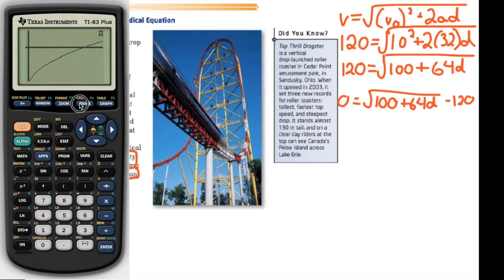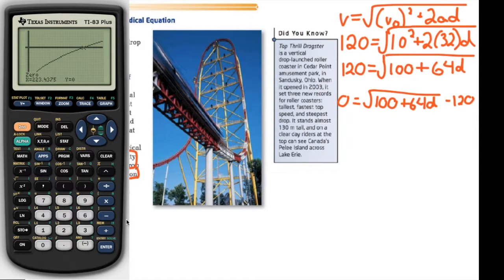Now we can go and solve. So second trace, option 2 again. Left bound, as long as we're to the left of the x-intercept, we're good. That's where we are. Right bound, we've got quite a bit of moving to do. That looks good to me. Move back to guess.